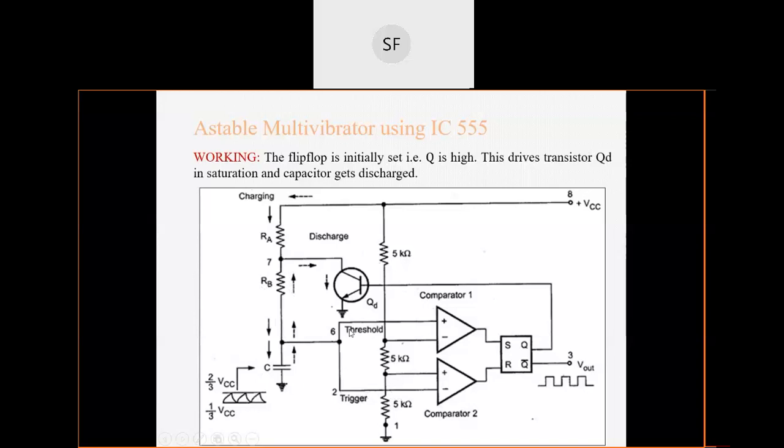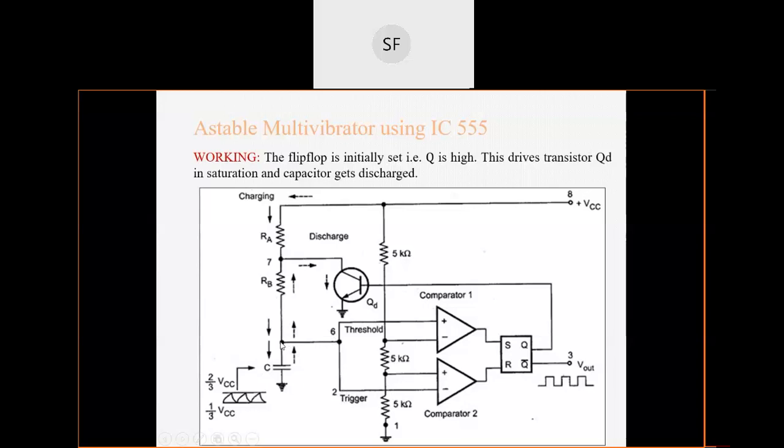So you can observe here two differences. Threshold pin and trigger are short circuited, that is connected together, and RB is connected from pin number 6, right? This is nothing but one connection. This point is also pin number 6. This point is also pin number 2.